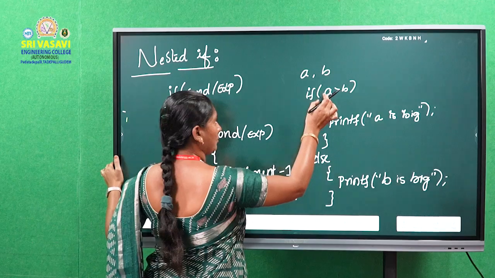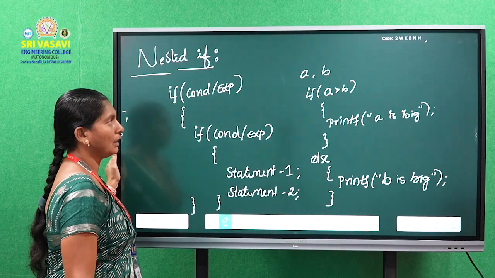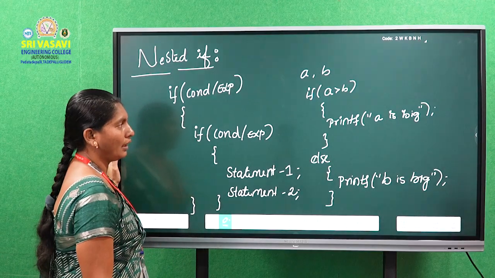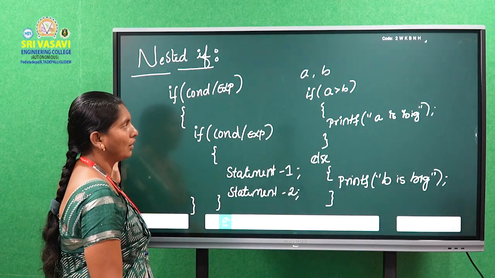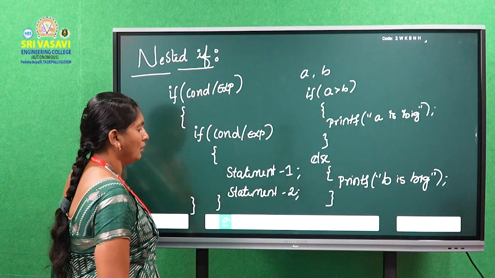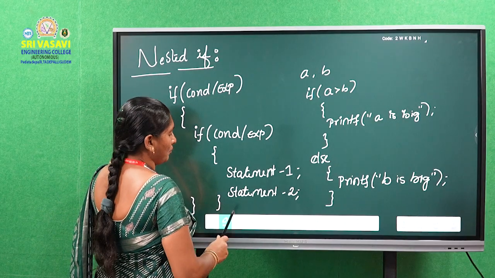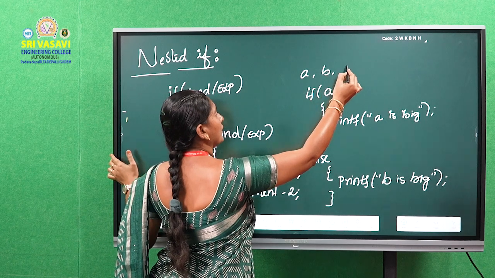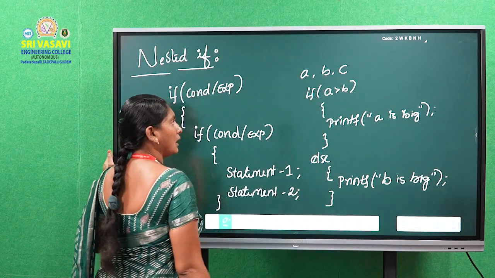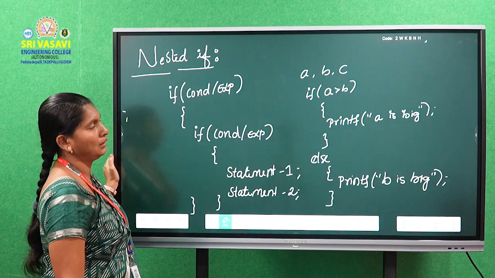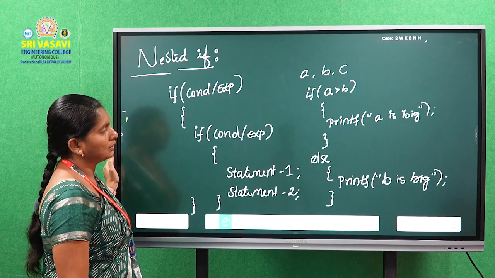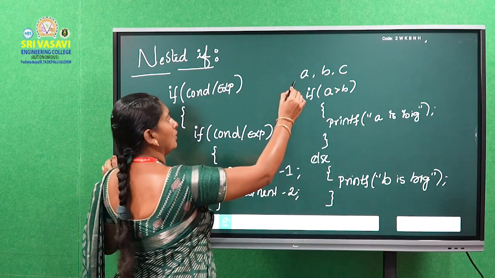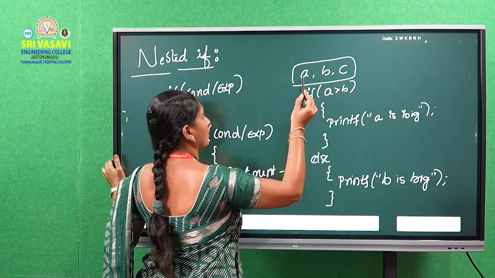Here, based on a single condition, we can say whether a has the big value or b has the big value. But here, my intention is to find which variable has the biggest number and which variable has the small number. So how many variables am I having?